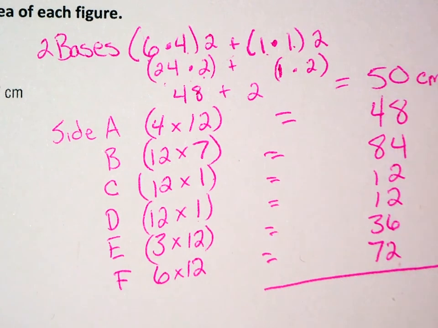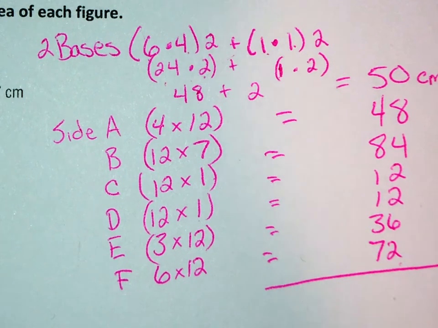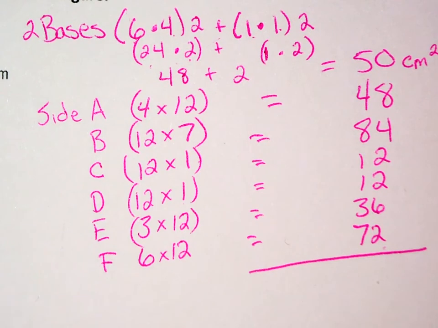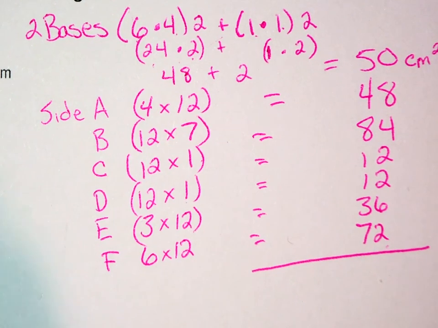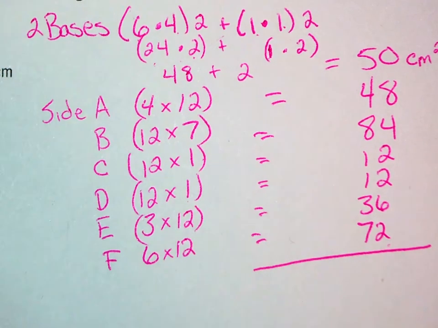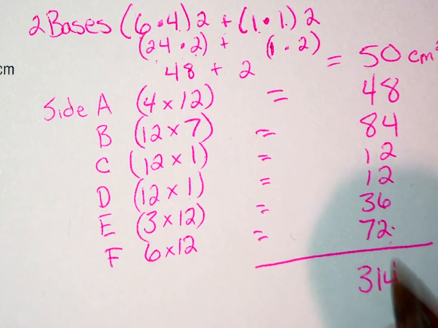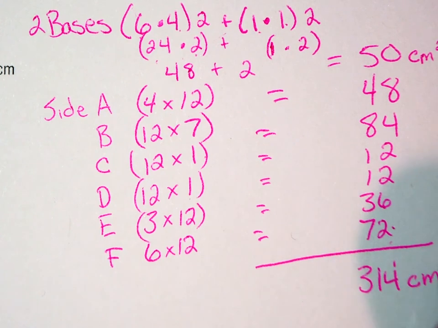These are all of my dimensions of the surface areas for this particular figure. So now I just need to add them up. 50 plus 48 plus 84 plus 12 plus 12 more plus 36 plus 72. All of these numbers added together give me 314 centimeters squared.